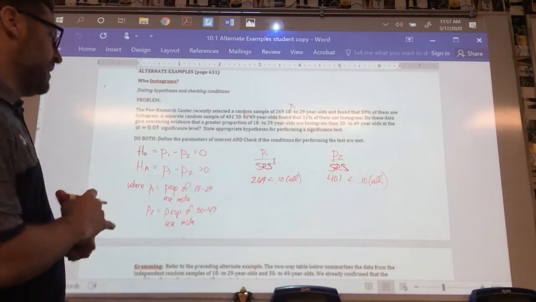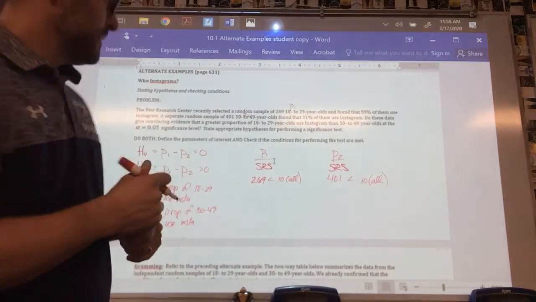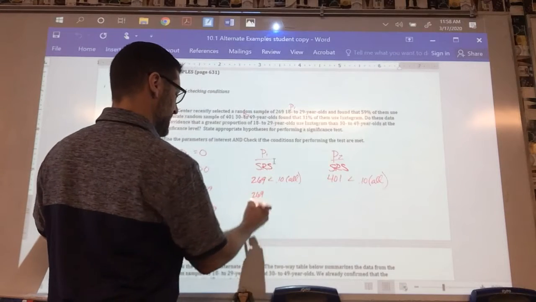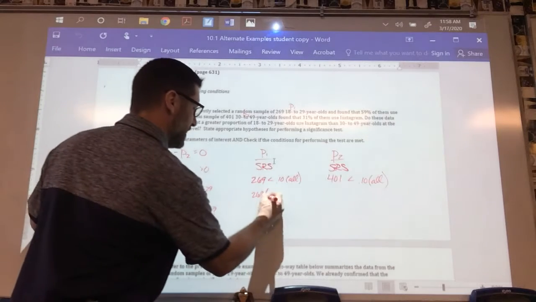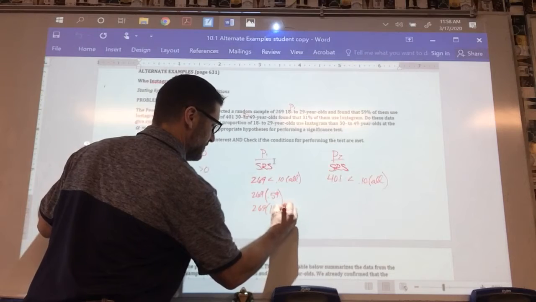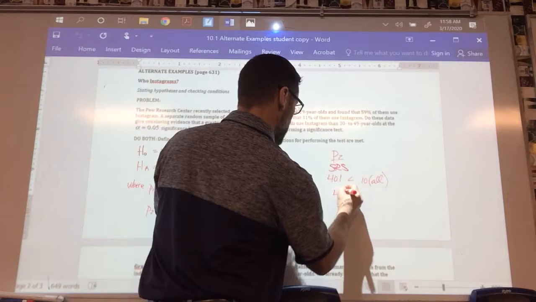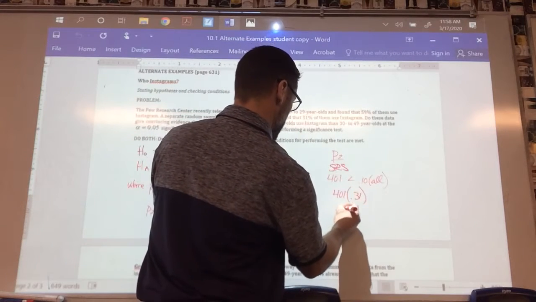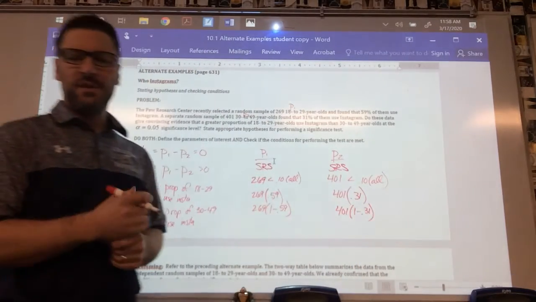Those both check out. And then I have to do the large counts one with the percentages. So is 269 times the proportion that we found, 0.59, and 269 times 1 minus 0.59, and then 401 times that proportion, 0.31, and 401 times 1 minus 0.31, and again, all of these have to be greater than 10.